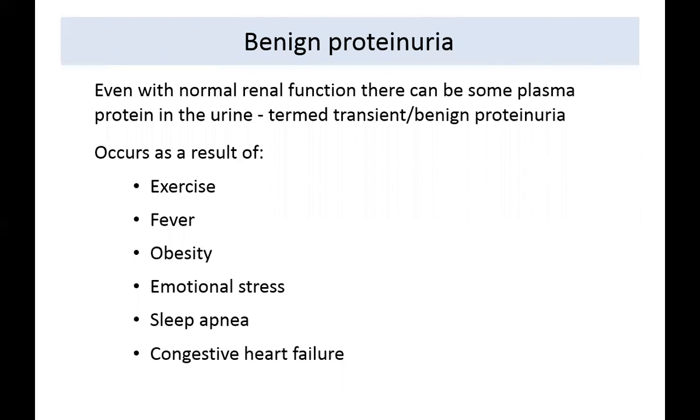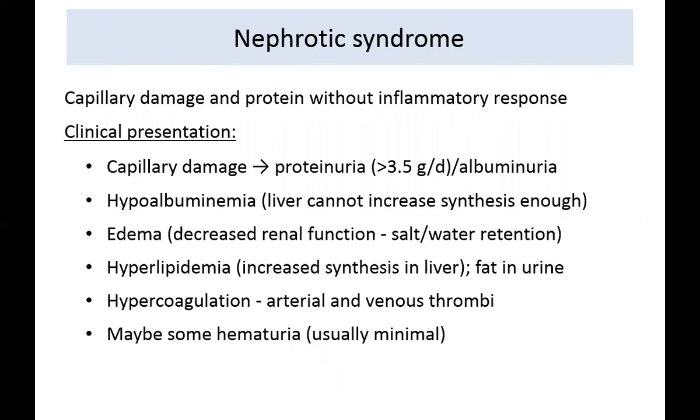Interestingly, sleep apnea can be associated with protein in the urine, and congestive heart failure. So there's really no changes in renal function, but there is something happening in the glomerulus that leads to this increased filtration of proteins in these other conditions where there's really no renal problem.